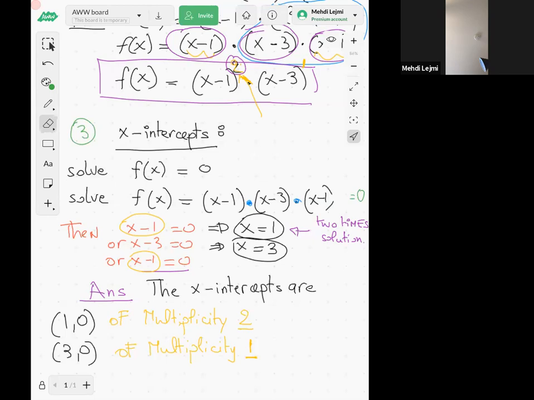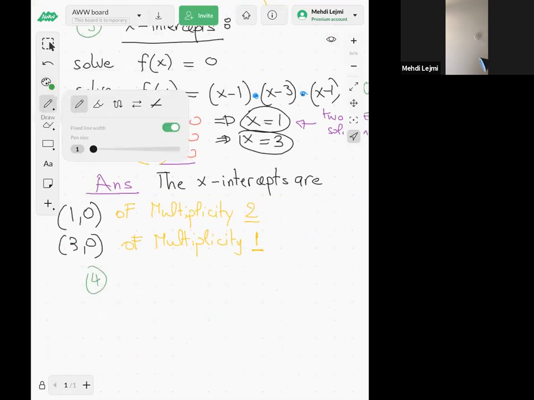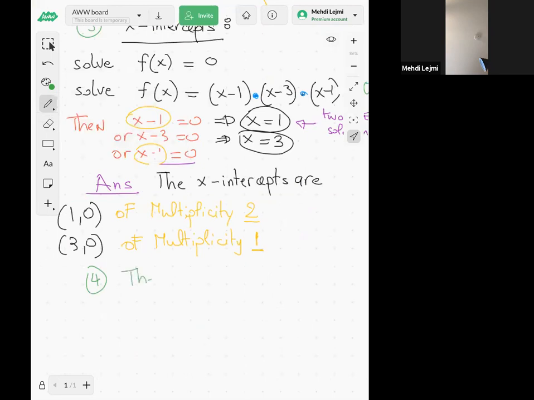Anyway, I don't know if there's any question. Let's see the chat. Oh yeah, okay, no question. Good. Now find the y-intercept. Well, the y-intercept is just, you have to evaluate f of 0.